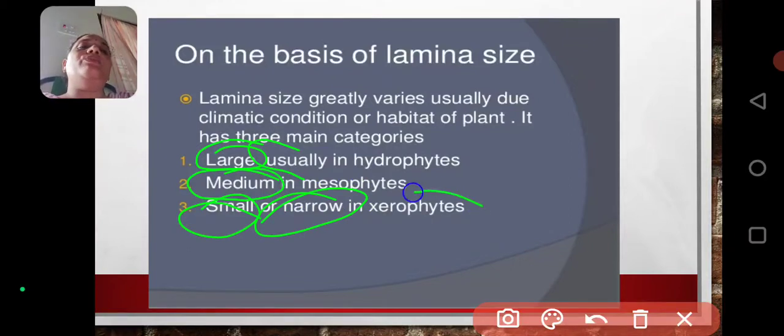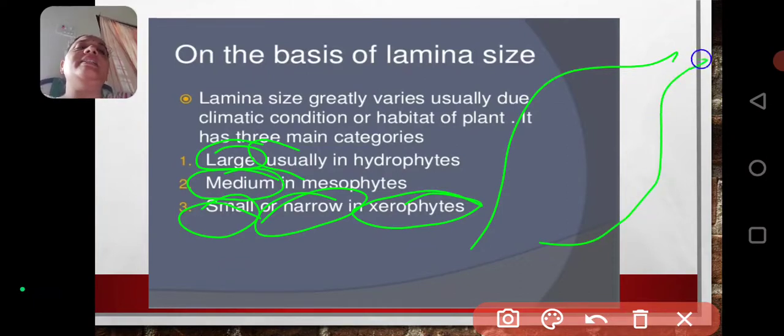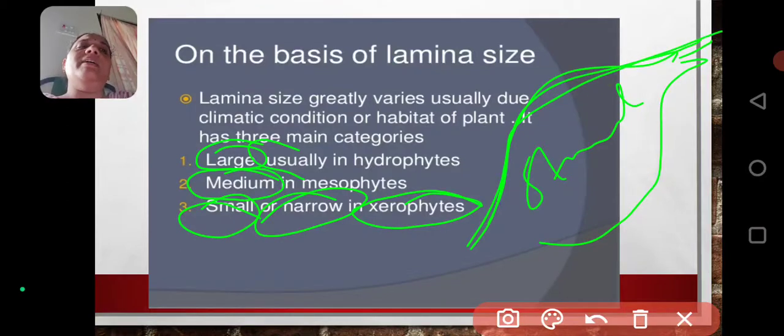Here you have to observe that in the xerophyte, if the lamina size is very broad or large, then on the epidermal region, stomatal pores are there. If the leaf lamina size is large, the number of stomata also increases.